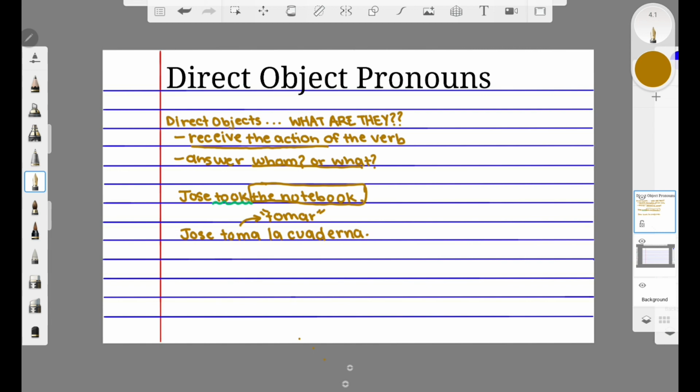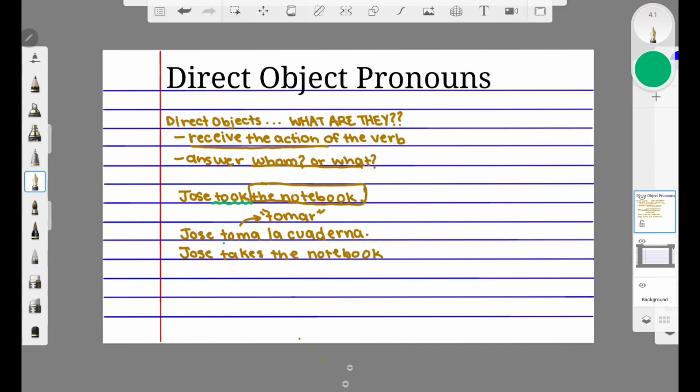But since we're taking it in the present tense, this sentence technically means Jose takes the notebook. But we will get into present tense conjugations soon, so that's when we'll introduce that, even in the examples, to not confuse anybody.